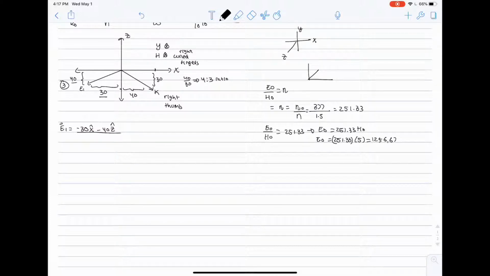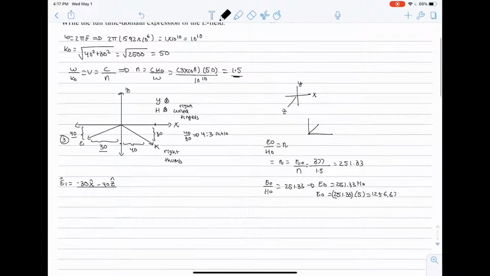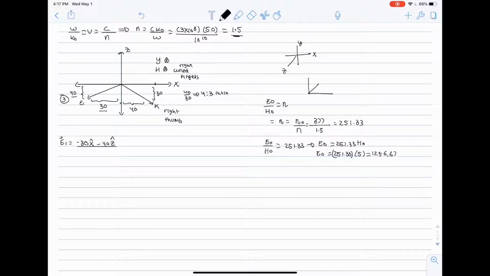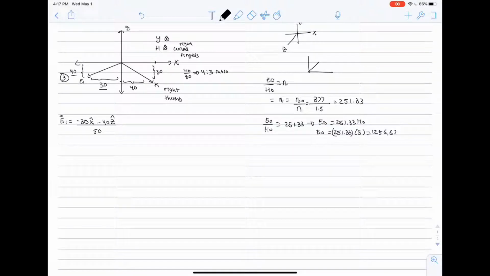But we have to normalize that. So that's why we divide by 50, times E naught, which is 1,256.67.